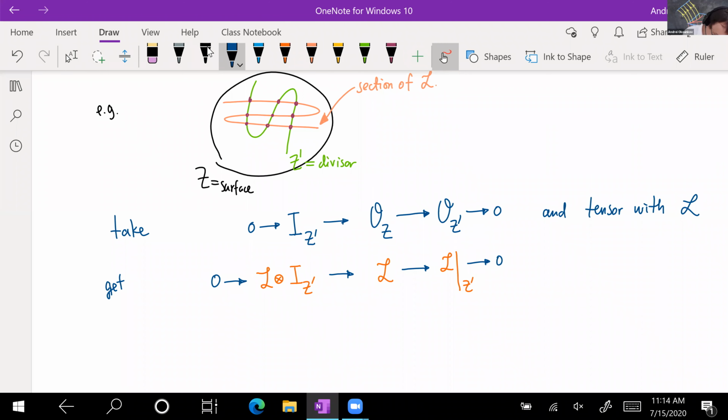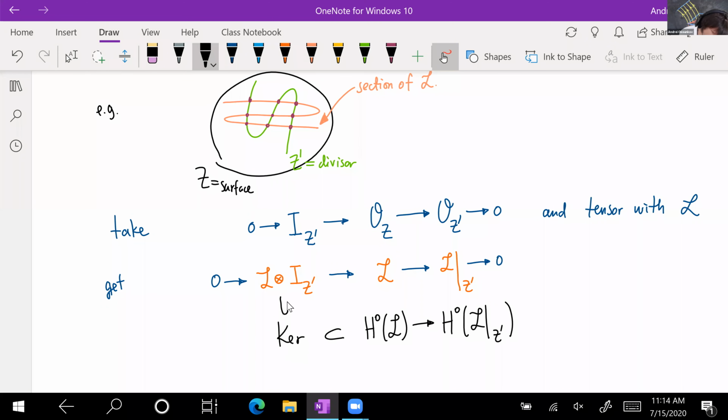And so then, if I want to know, interpolation is about the kernel. So interpolation, we want to know the kernel and the co-kernel. So if I have a map of sheaves and I have a map of sections, H naught of L and H naught of L restricted to Z prime, what's the kernel of this map?